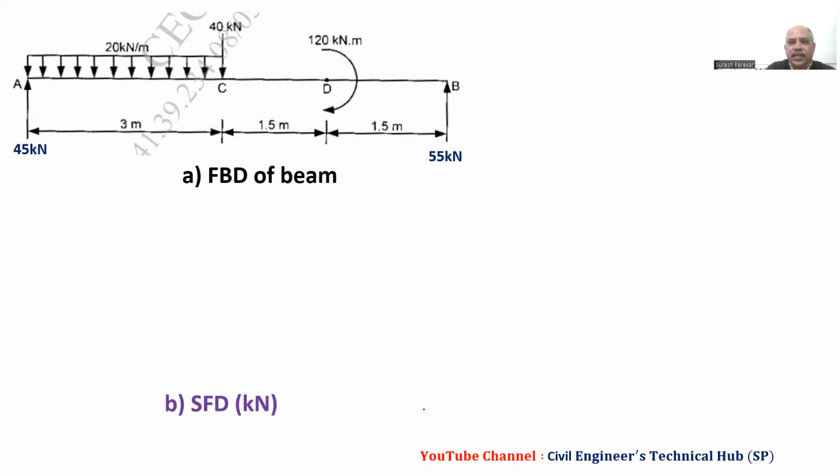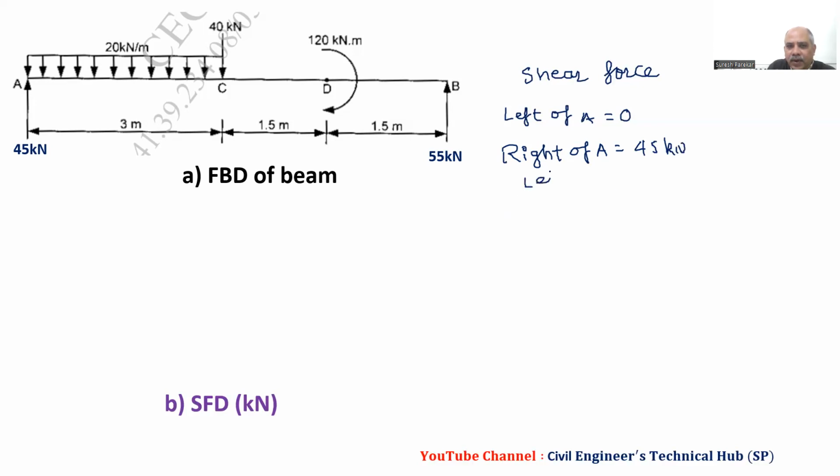For the shear force diagram, we have to calculate the shear force at the left and right of each concentrated load. So left of A, 0, then right of A, 45 kilonewtons.